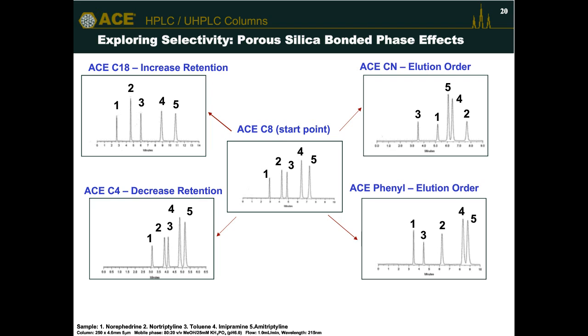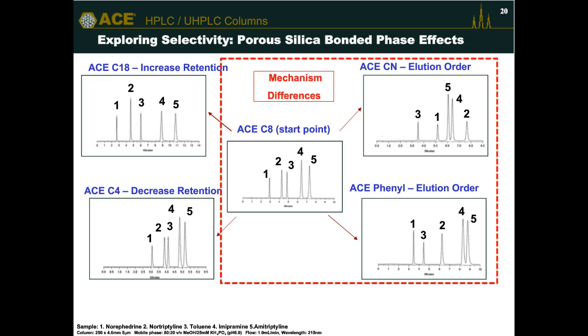And those different interactions then give us big changes in elution order. So instead of my analytes here coming out 1, 2, 3, 4, 5, they are eluting 3, 1, 5, 4, 2 on the cyano phase, and 1, 3, 2, 4, 5 on a phenyl phase. And that's because you've got different mechanisms of interaction.